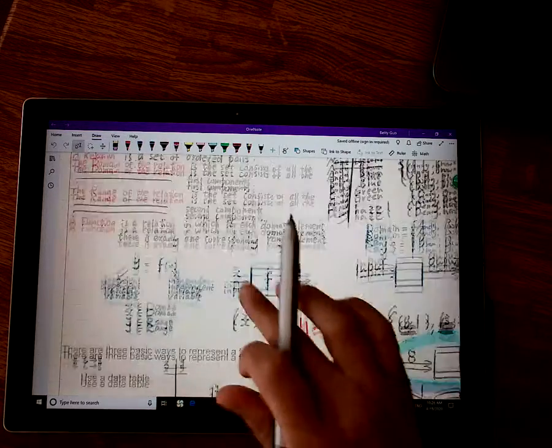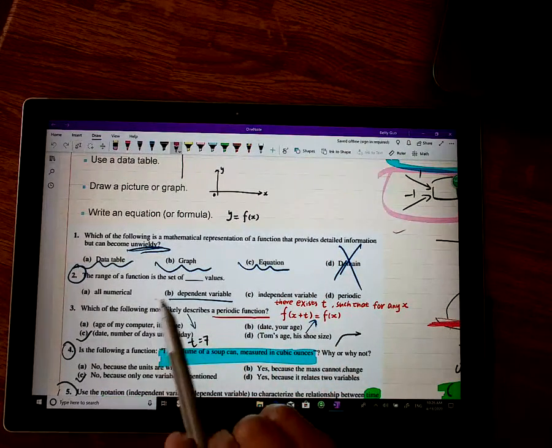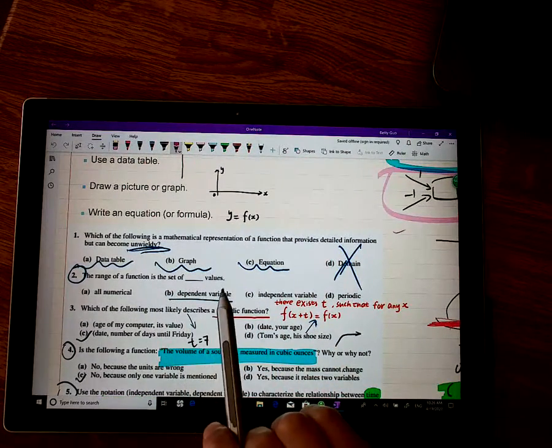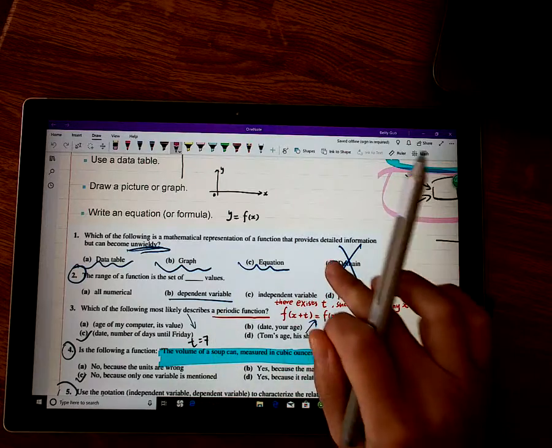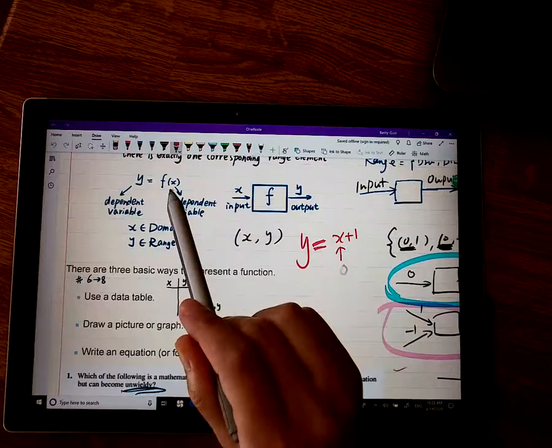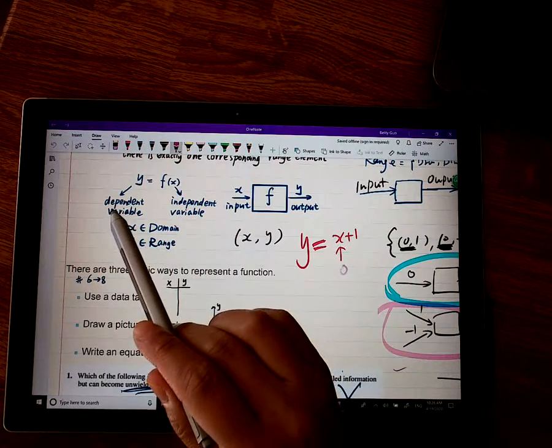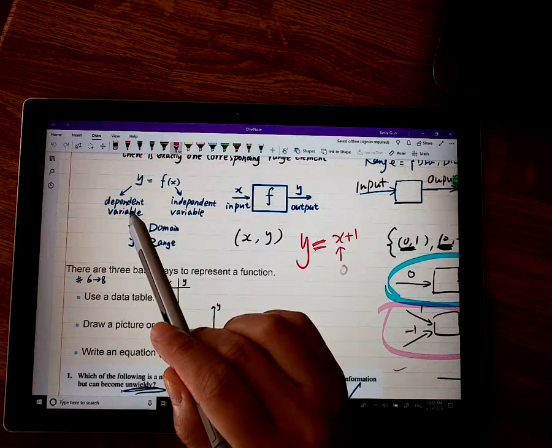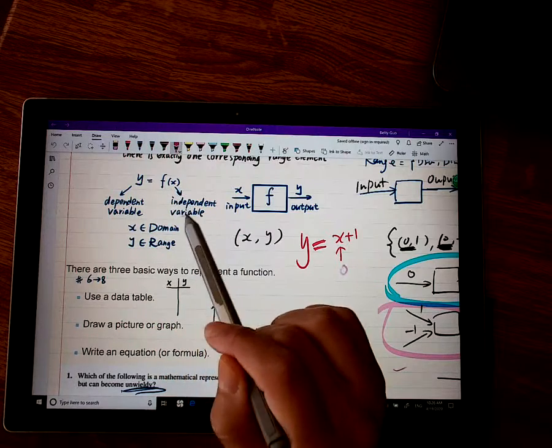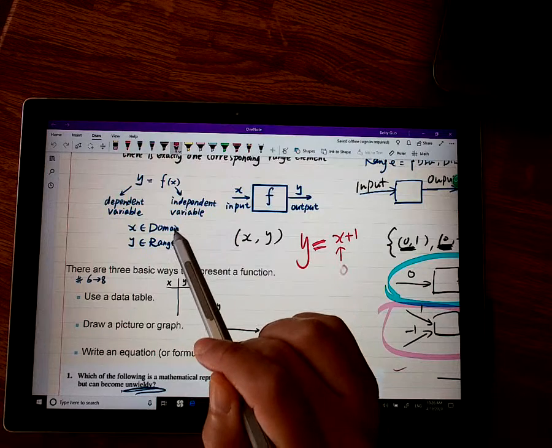All right. Number 2, the range of a function is a set of what variables? Did I explain that before earlier? X is the independent variable. Y is the dependent variable. Independent variable X could represent any values in the domain.